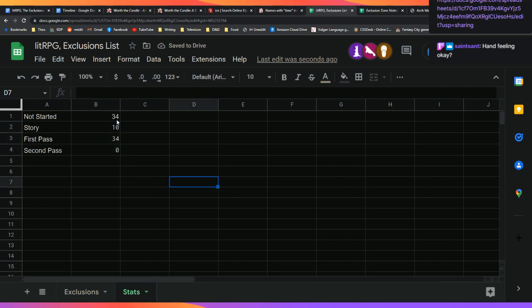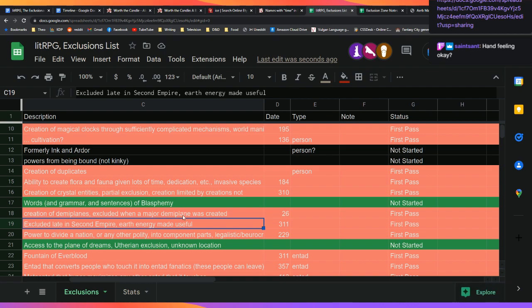So, 34 not started. 10 story not started. 34 our first pass. So we are approaching, and probably this not started is going to get cut down. I was thinking in the shower today, showered right before the stream, that there are some examples of scope creep.